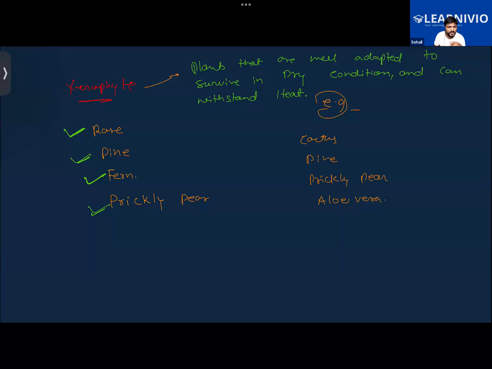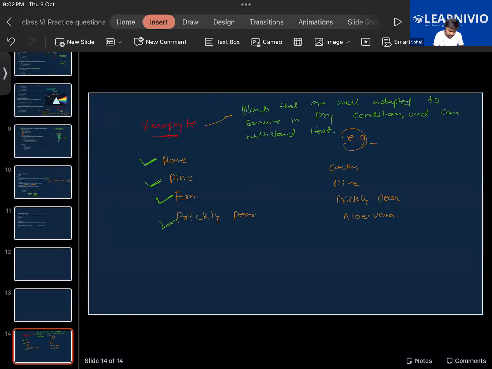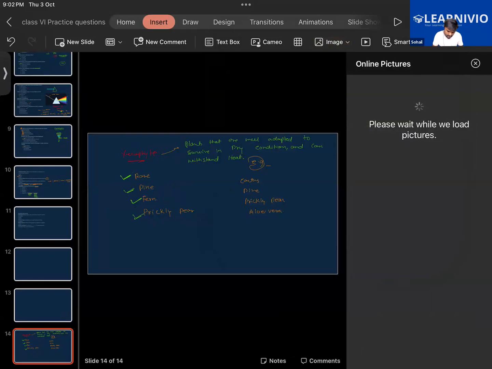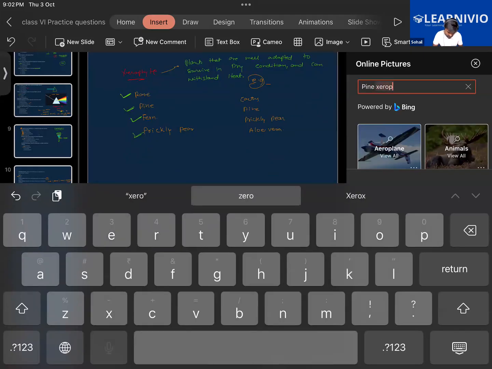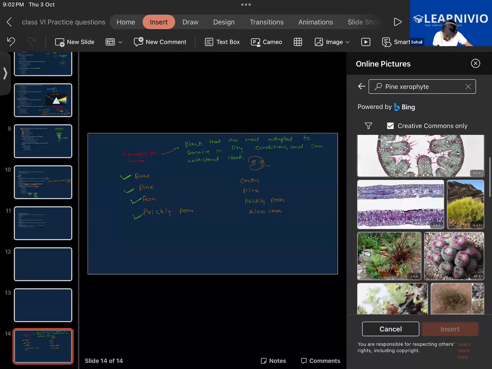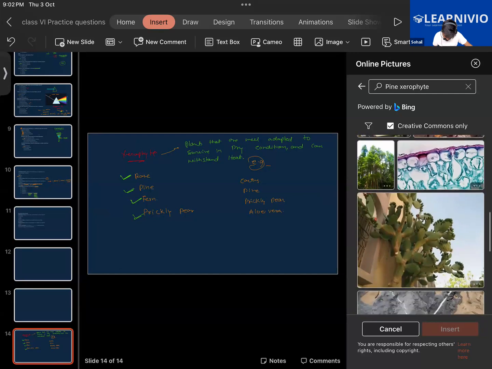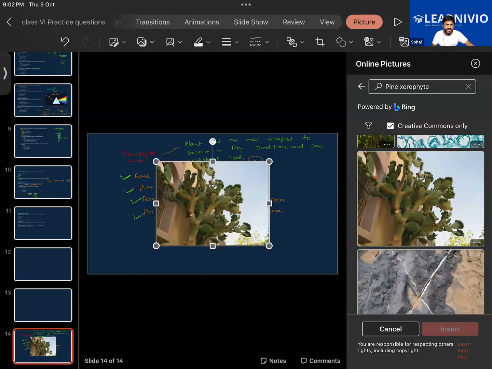No, no. If you were to look at the xerophytes, let me show you the images of this. If you look at the pine, as you see here, this is the pine plant, and pine is an example of this.